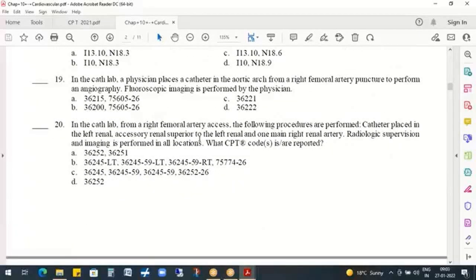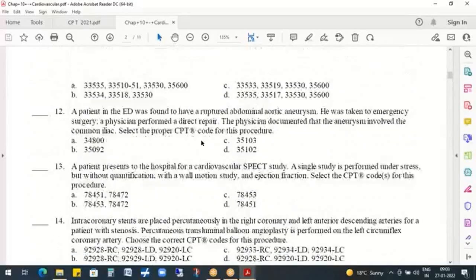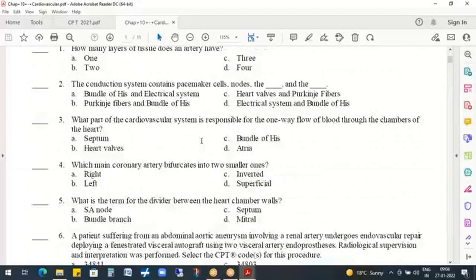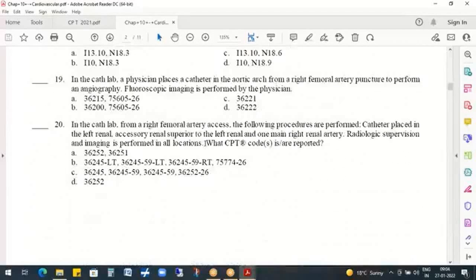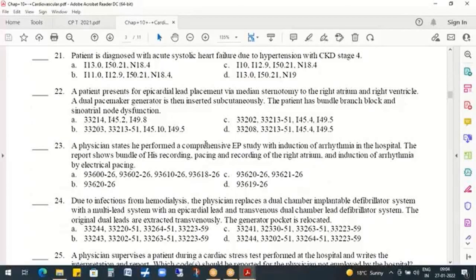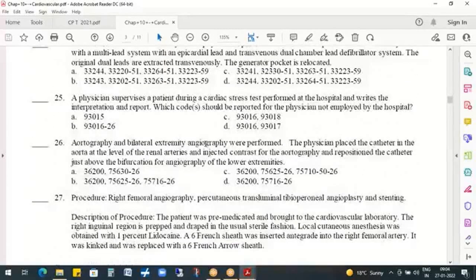Okay. Can you see question number 20? This is one big question. Just have a look, everyone, at the codes before I give you the question.